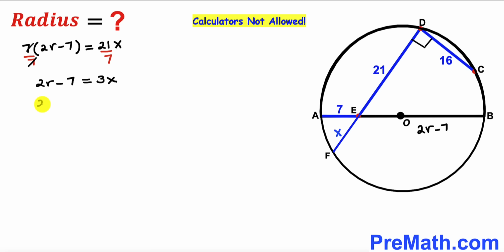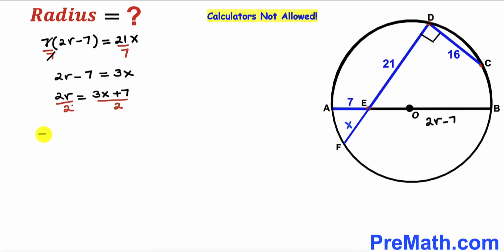So therefore we can write 2r equal to 3x plus 7. And I'm going to divide both sides by 2 to isolate lowercase r. So thus our radius lowercase r value is going to be equal to 3x plus 7 divided by 2.